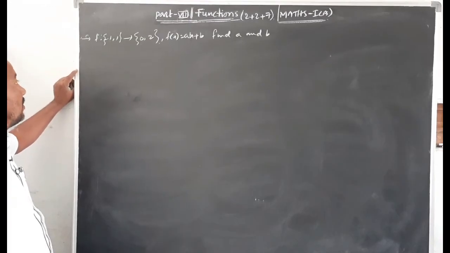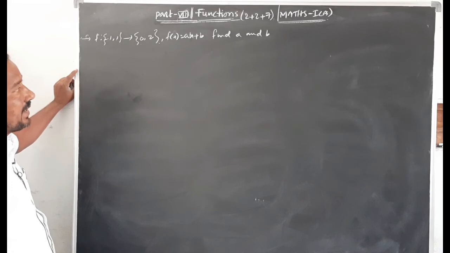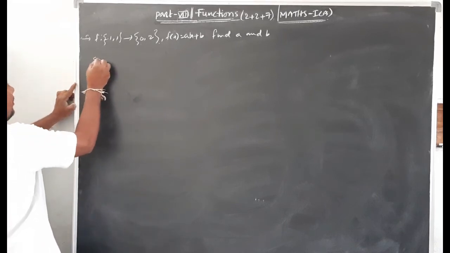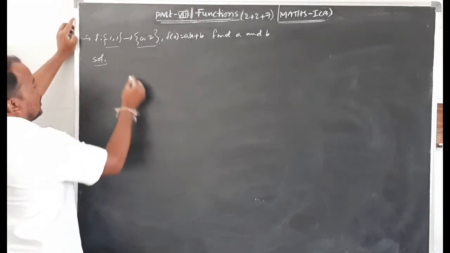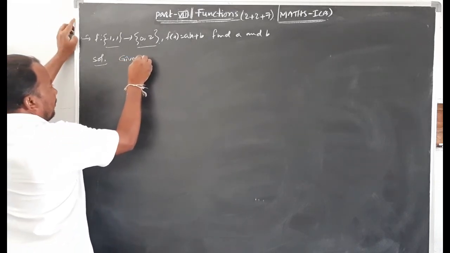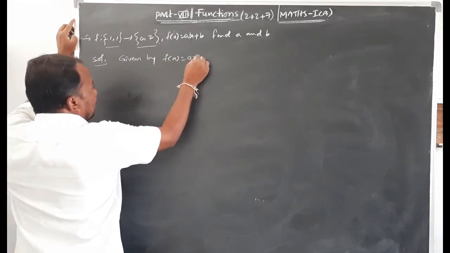From minus 1 comma 1 to 0 comma 2, f of x equals ax plus b, find a and b. So the domain and codomain are given by f of x equals ax plus b.